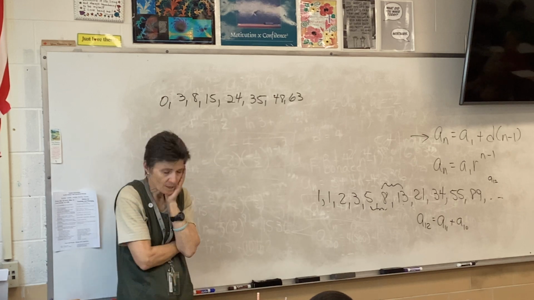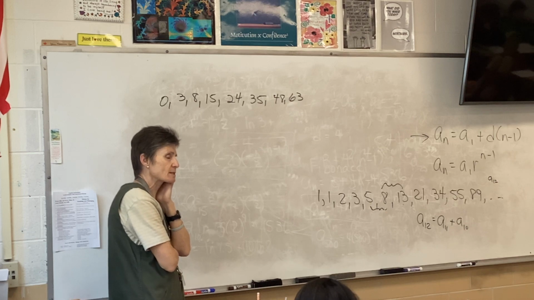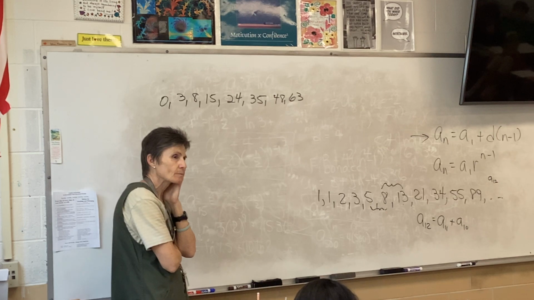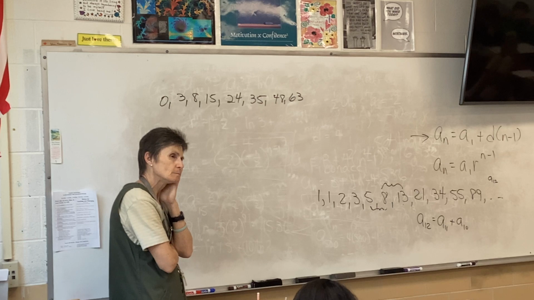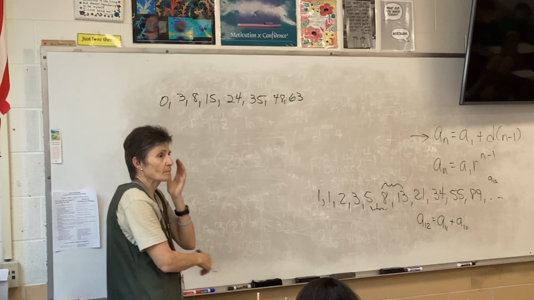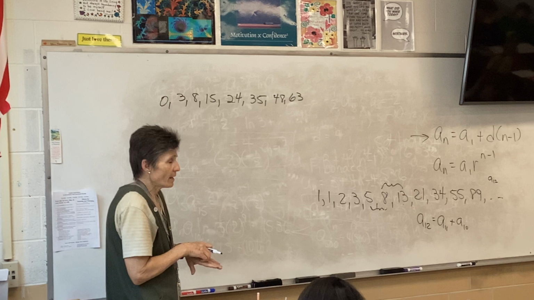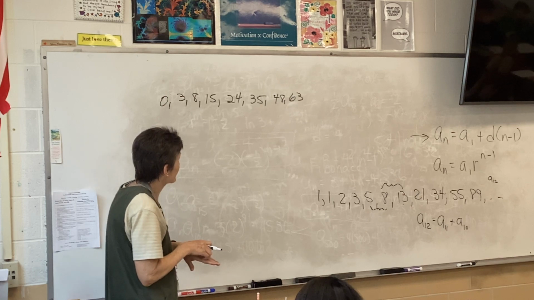Does anyone notice anything about this set of numbers? It's kind of tricky. Well, throw out an idea, get us started. Plus 5, plus 7, plus 9, plus 11, plus 13. Okay, is that what's happening? I haven't checked. Yeah.